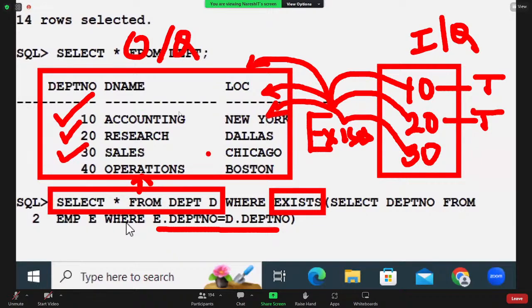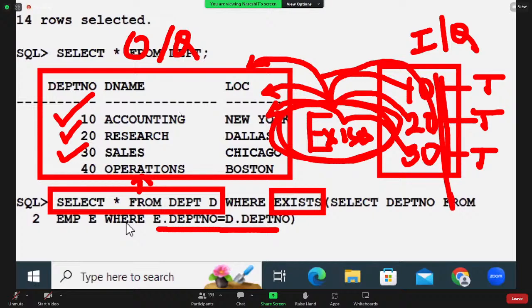So it also returns true. As per my inner query result, whether the inner query values are existing in your tables or not, we are checking with the help of the EXISTS operator. If it is existing, it returns true. If not existing, false. Unfortunately, all my values are existing in my table.